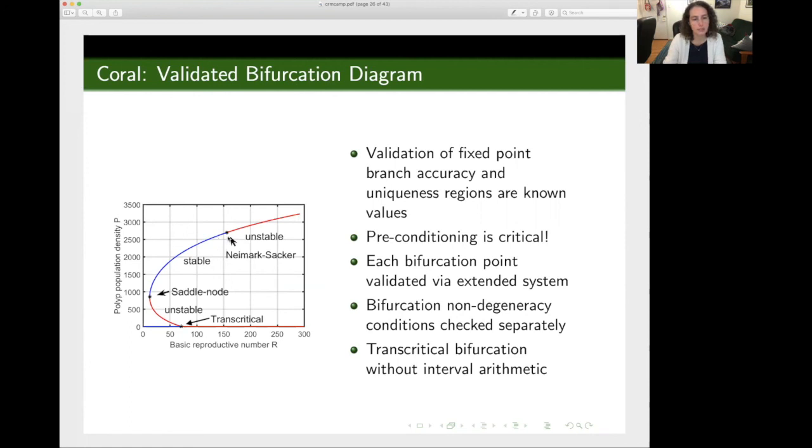In addition, we've written down extended systems in order to validate each of the Neymark-Sacker, saddle node and transcritical bifurcation points. Then we have to separately check the non-degeneracy conditions. They can also be checked using interval arithmetic, but they cannot be checked just using an extended system. So there's an additional check to make sure you have a bifurcation that fits the traditional theorems.